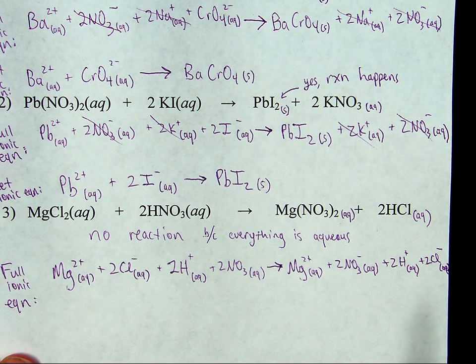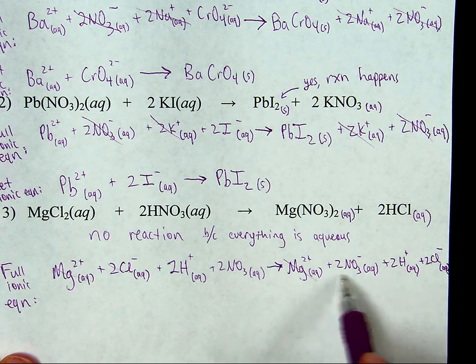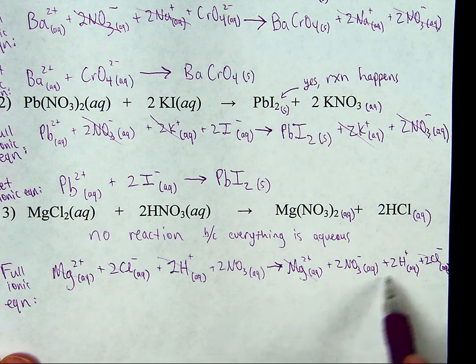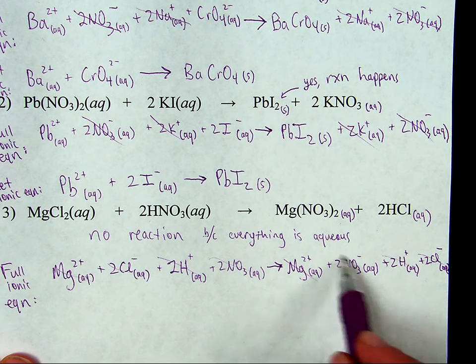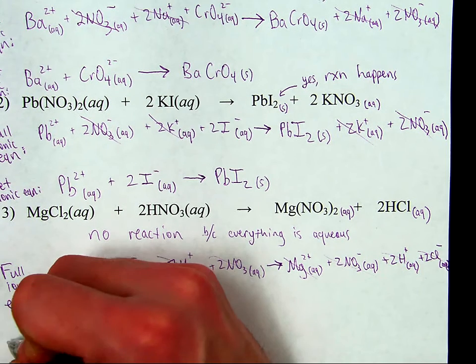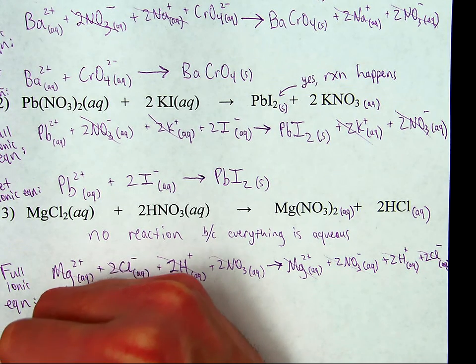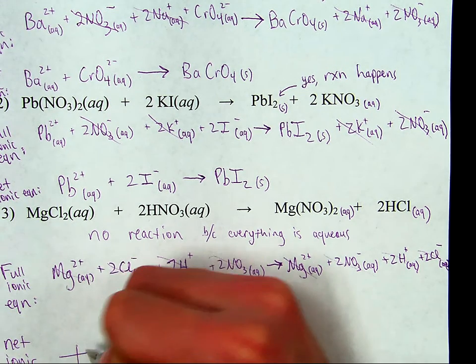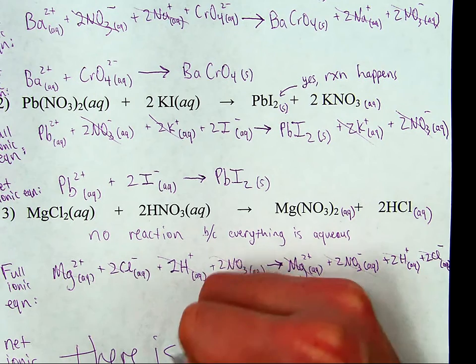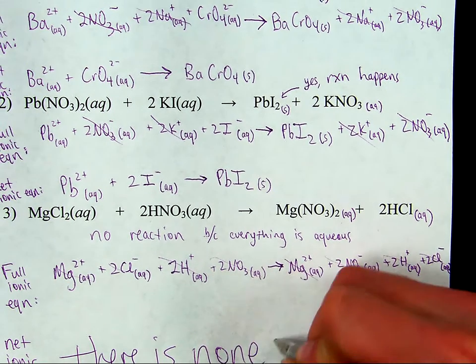If you cross out the stuff that's the same on both sides, magnesium, magnesium, 2 chlorides, 2 chlorides, 2 hydrogens, 2 hydrogens, 2 nitrates, 2 nitrates, you're left with nothing at all. So for your net ionic equation, there is none. Trick question.